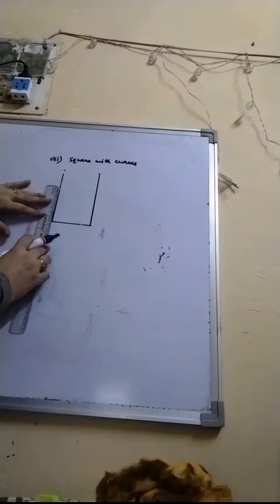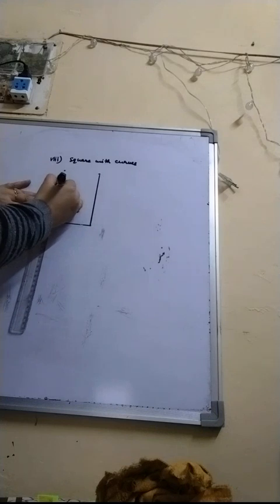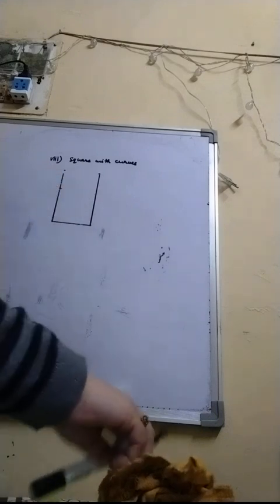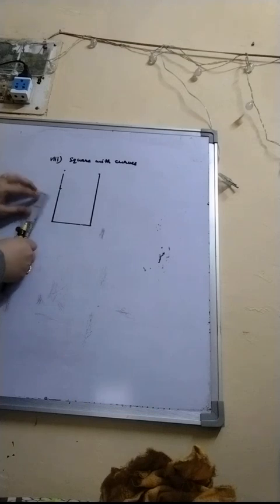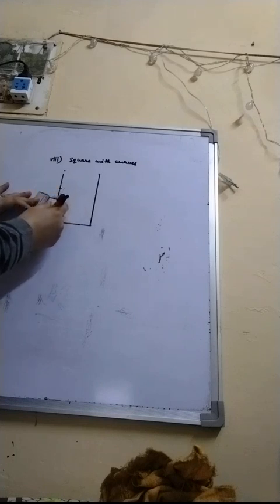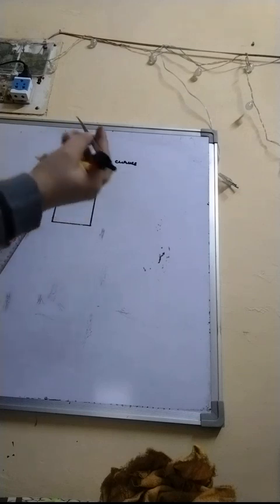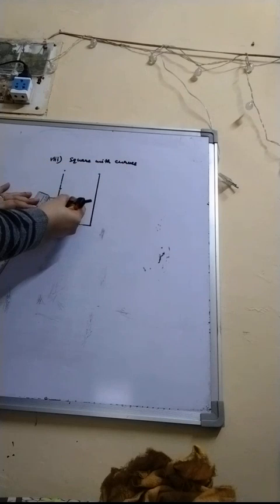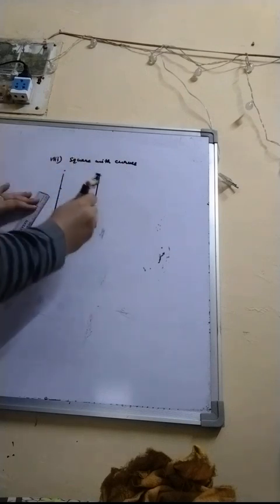Then with the ruler you can take 8 centimeter and mark here, or with the compass you can open it till 8 centimeter. The tip of the compass should be kept at 0 centimeter and then open till 8 centimeter and draw the arc.